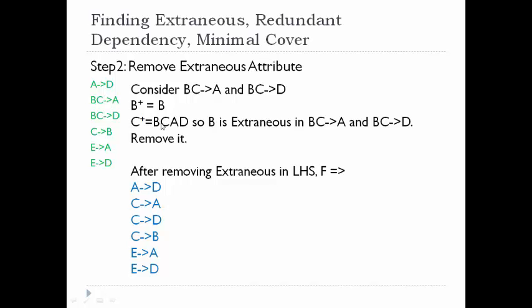So C closure is issuing C, B, A and D. Now since B closure is issuing only B, this B in BC tends to A dependency and BC tends to D dependency is extraneous. So what we are going to do is, we are going to remove this B from both the functional dependencies. So after removing these two B's, we have A tends to D, C tends to A, C tends to D, C tends to B, E tends to A and E tends to D.